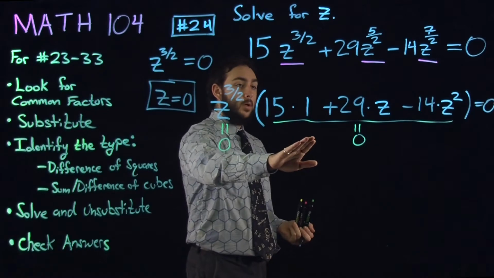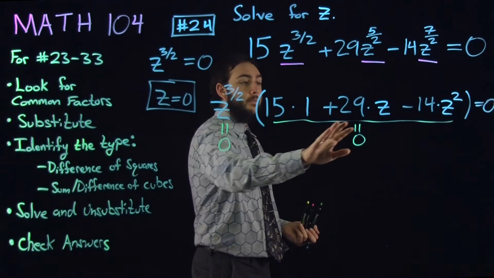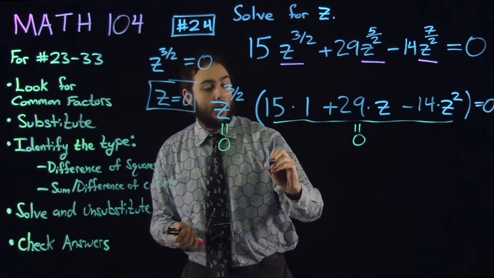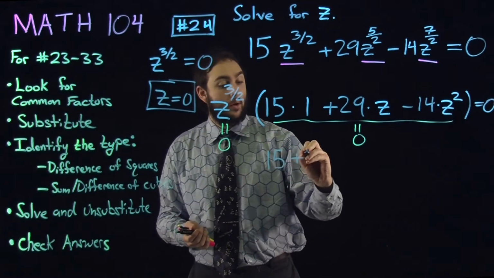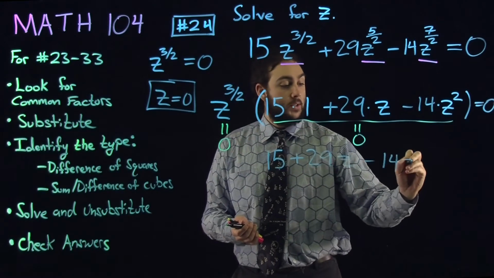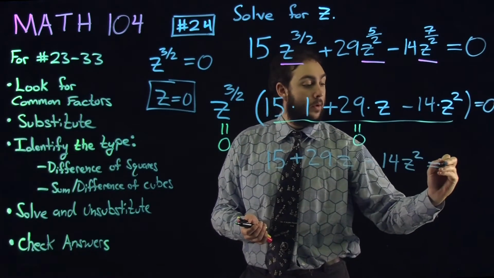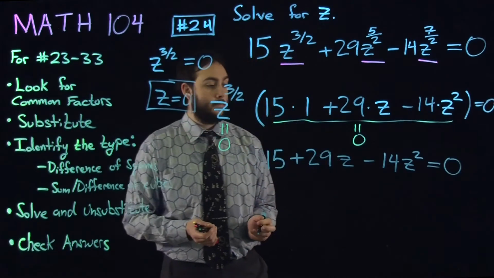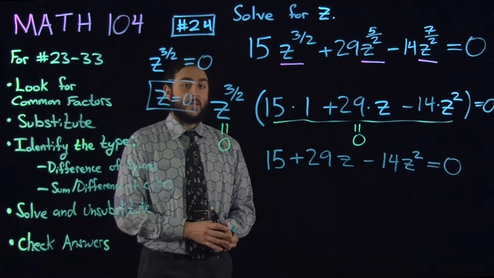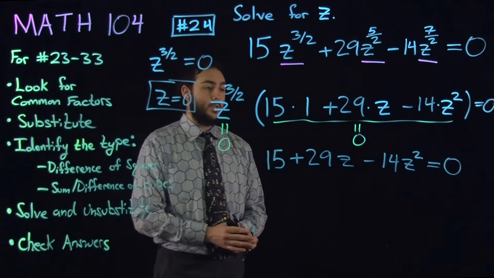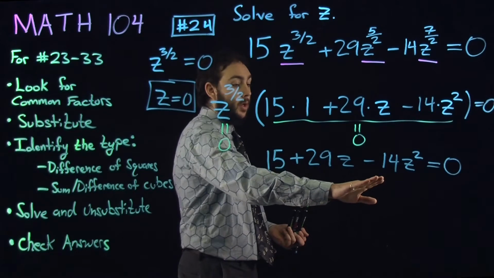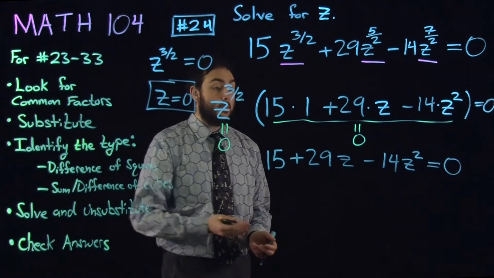Next, we want to look for roots of this quadratic equation. So we're going to consider that now in its own right. 15 plus 29z minus 14z squared equals 0. Now, this step is not necessary, but I think it helps sometimes. I like it when the leading coefficient, which is the number in front of the highest power, is positive.